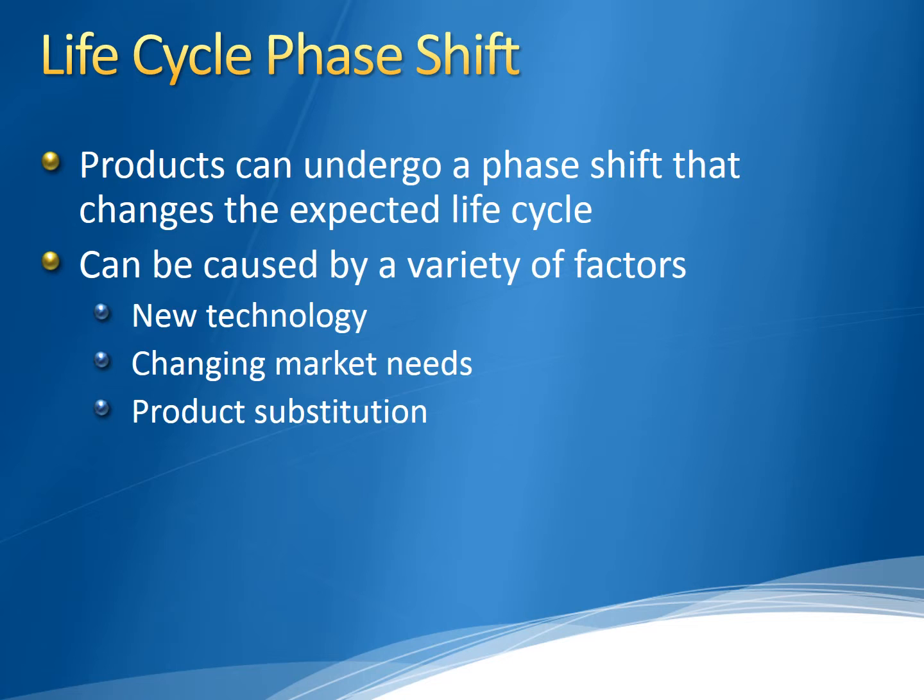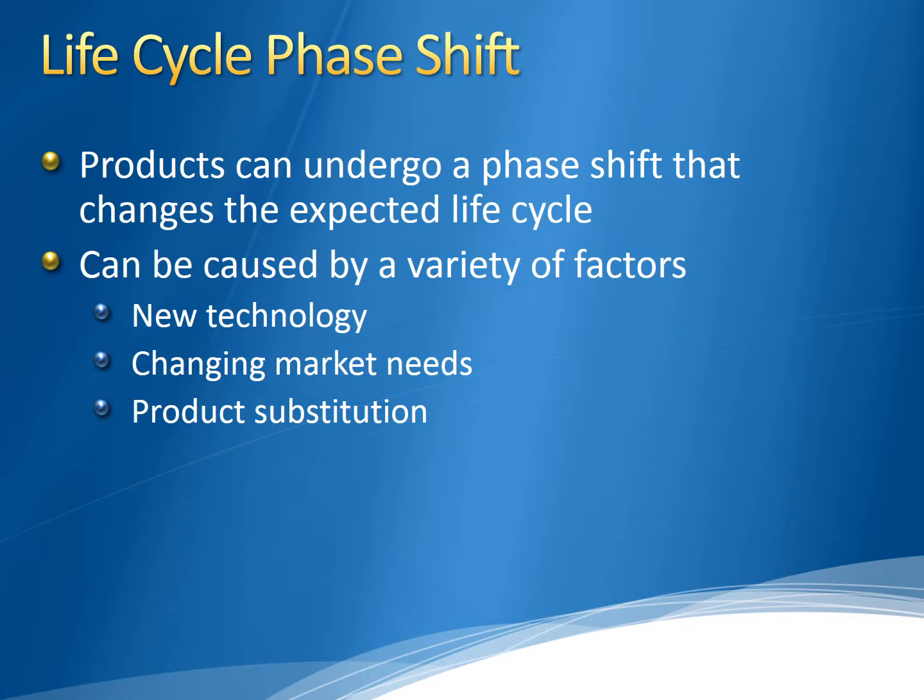We also have to consider the potential for product life cycle phase shifts. So what happens in a phase shift is the expected path of introduction, growth, maturity, and decline will not follow the standard bell curve, but instead shift and perhaps re-enter a growth phase or extend the maturity phase.